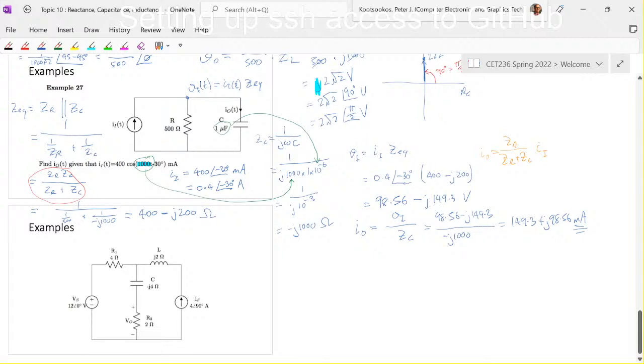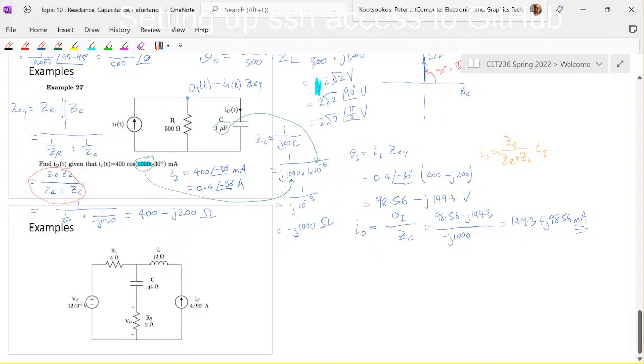The previous two examples, I gave you omega. Sometimes I won't give you omega, I'll just give you the impedance. So this next example, you can see, just gives the impedance of C as minus J4 and L as J2, and there's no frequency.